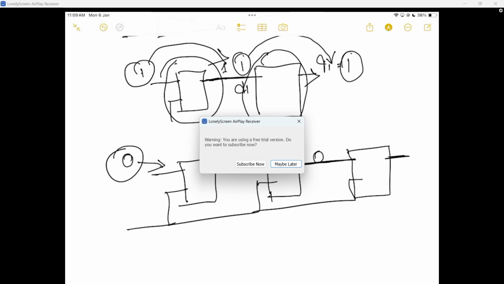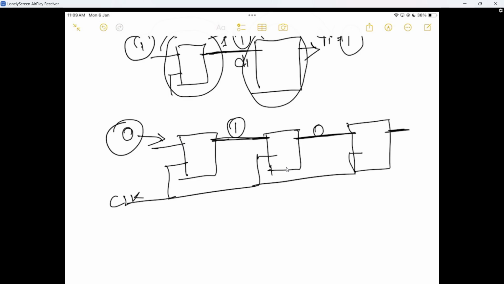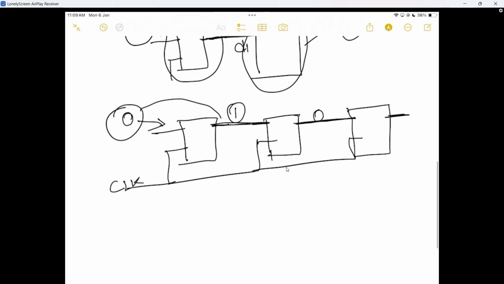When we apply the positive edge trigger clock, what happens? That 0 goes here, 1 goes here, and this 0 goes here.